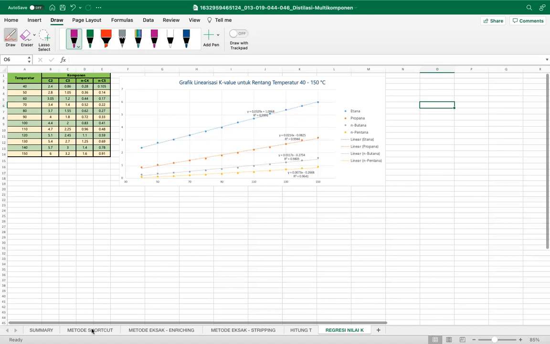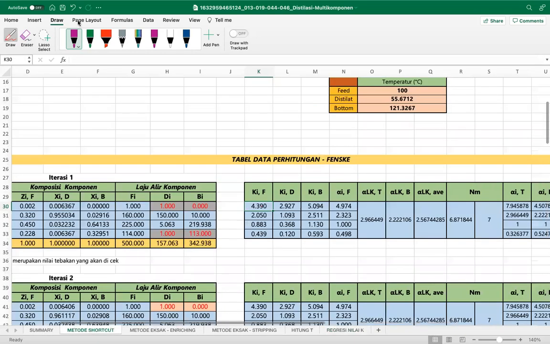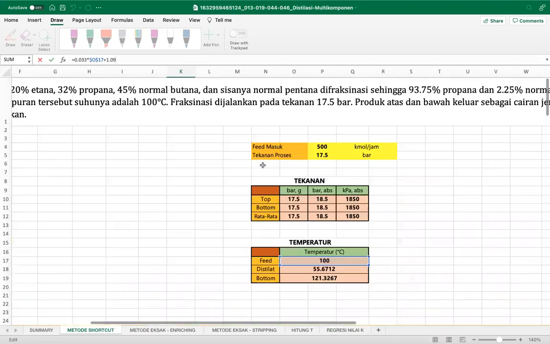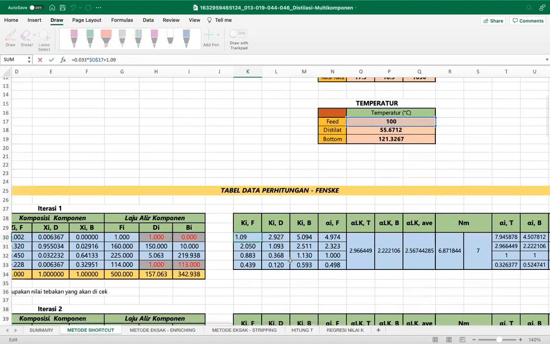Okay, so with that, then they can calculate, for example, this one, based on the parameter. Okay. Now, what is the next step?